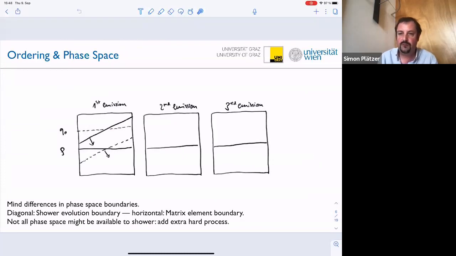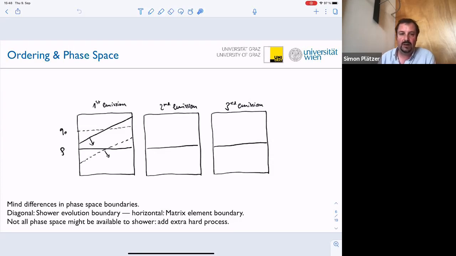It's certainly not the case for an angular ordered shower where large scales correspond to large angle soft emissions. But it might also not be true for any other combination, or one would actually just choose a different measure of separating the hard jets from shower emissions than one which is perfectly aligned with the parton shower evolution variable.